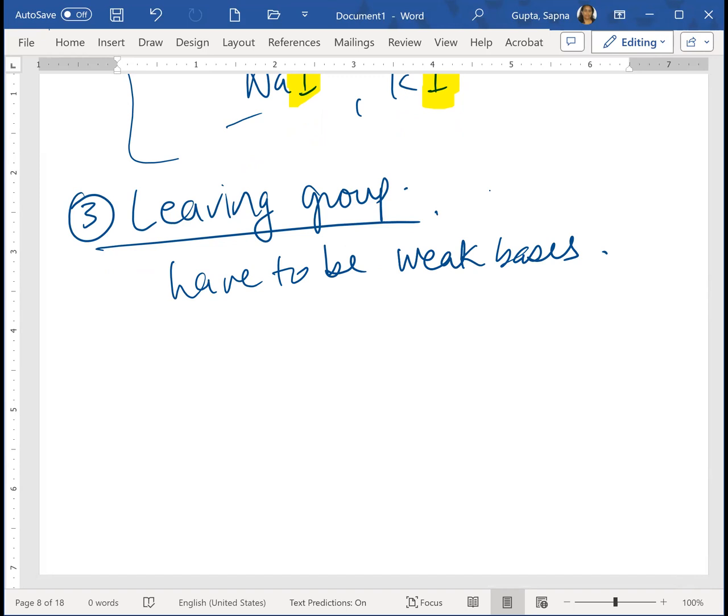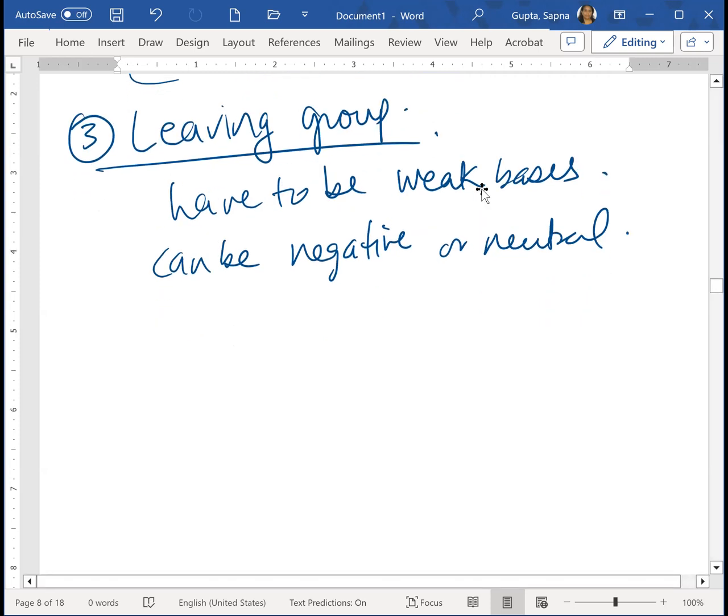A nucleophile needs to be either a strong base or electron rich. The leaving group can be electron rich, so it can be negative, but it can also be neutral. Actually, neutral ones are really good leaving groups because they can just exist on their own, so they don't need anything else. They have to be really weak bases.